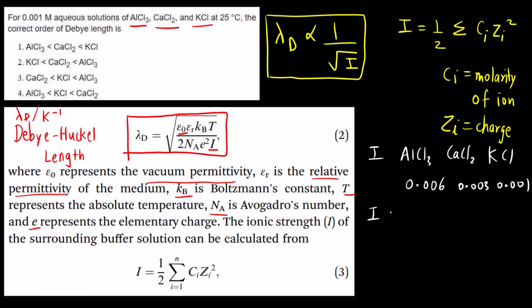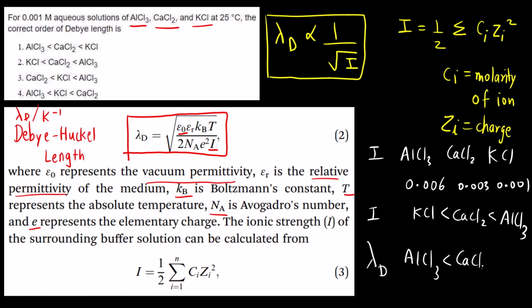So the order of ionic strength is KCl less than CaCl2 less than AlCl3. But for the Debye length, which is inversely proportional, the order will be reversed: AlCl3 less than CaCl2 less than KCl. So this is the correct answer. Find where this option is; the correct answer will be option 1.